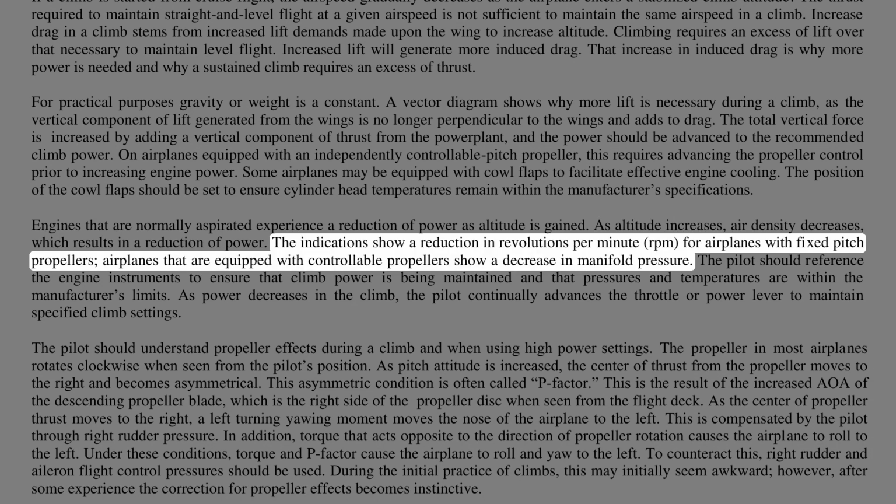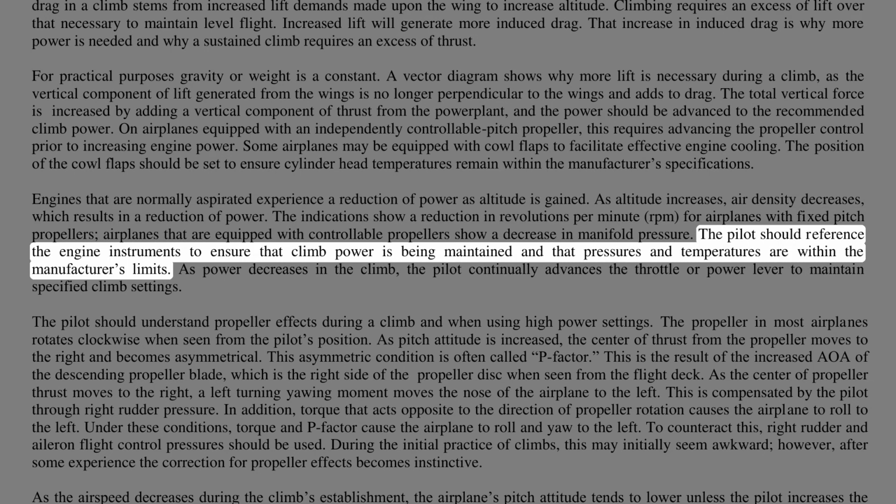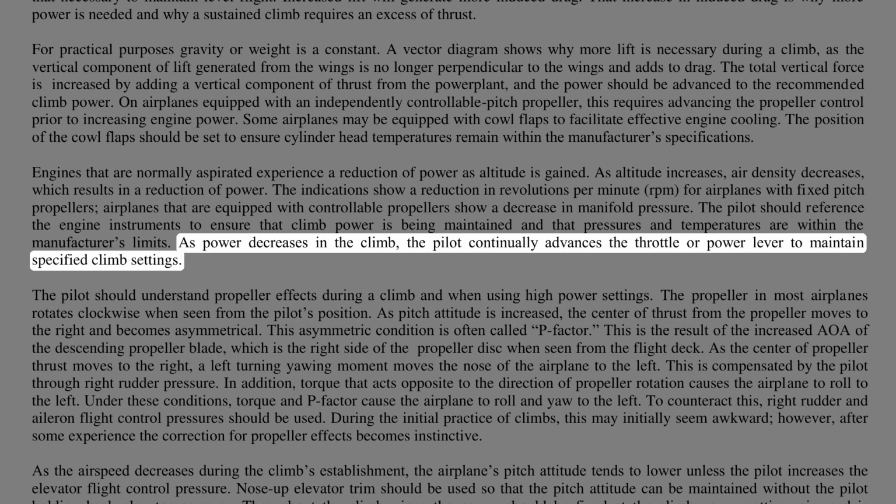The indications show a reduction in revolutions per minute, RPM, for airplanes with fixed-pitch propellers. Airplanes that are equipped with controllable propellers show a decrease in manifold pressure. The pilot should reference the engine instruments to ensure that climb power is being maintained and that pressures and temperatures are within the manufacturer's limits. As power decreases in the climb, the pilot continually advances the throttle or power lever to maintain specified climb settings.